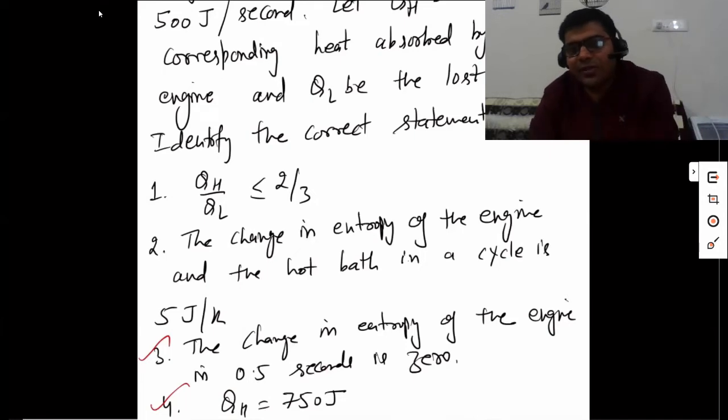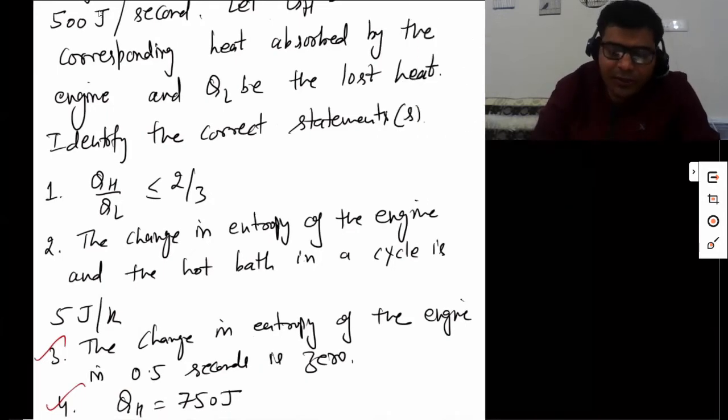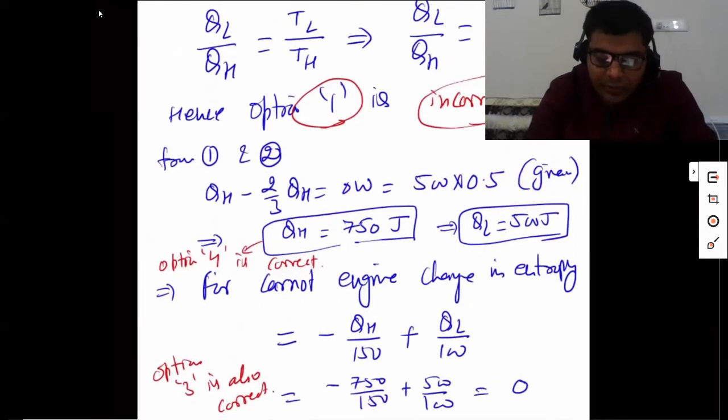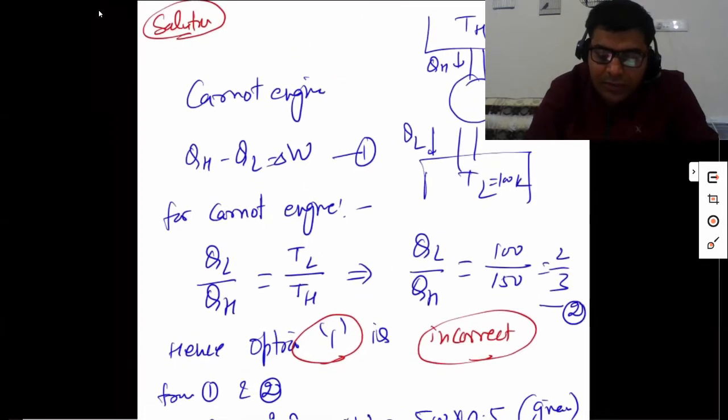Okay, now the second and third options are with the change in entropy. We have to calculate the change in entropy of the engine. So for a Carnot engine, if we calculate the change in entropy for the engine as a whole, it turns out to be 0. So you see, QH amount of heat is being liberated from the hot bath at a temperature 150.